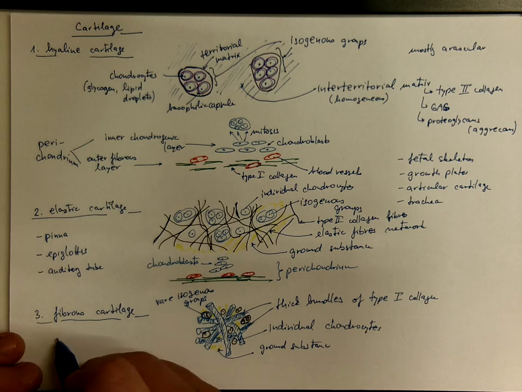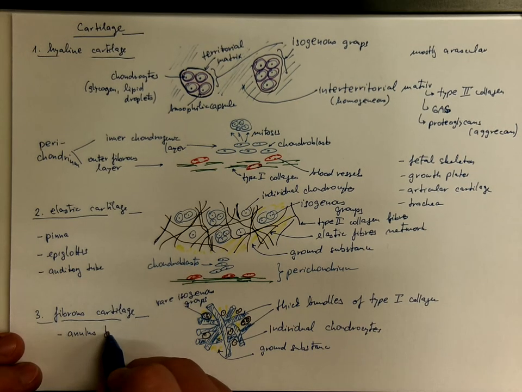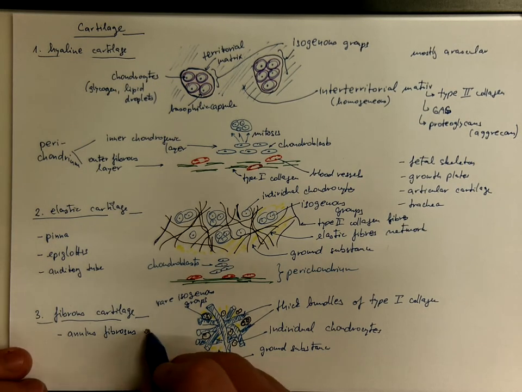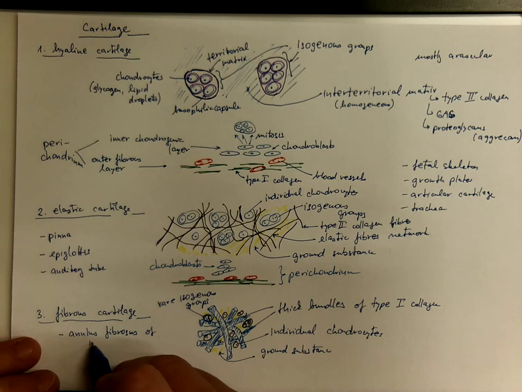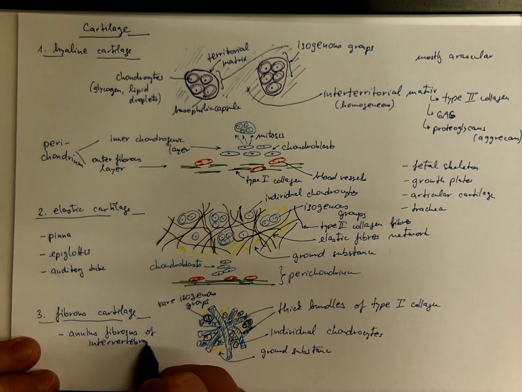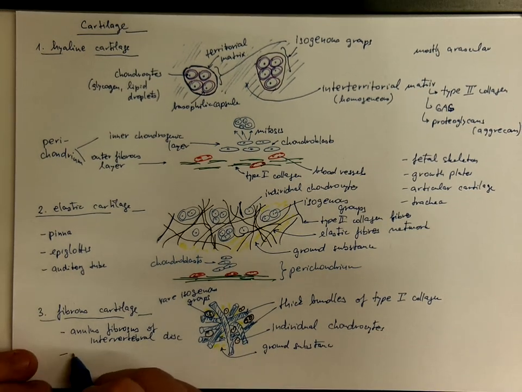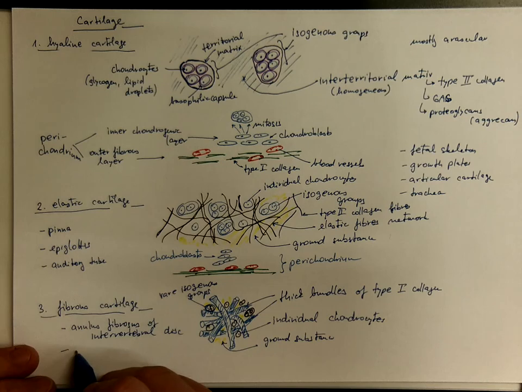Where in the human body can you find it? It makes the outer shell of the intervertebral disc called the annulus fibrosus. Annulus fibrosus of intervertebral discs. And it's present in the pubic symphysis.